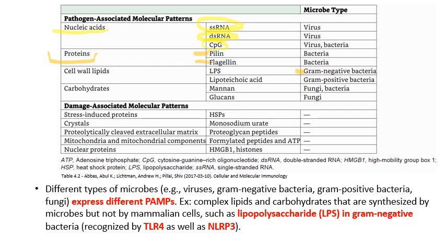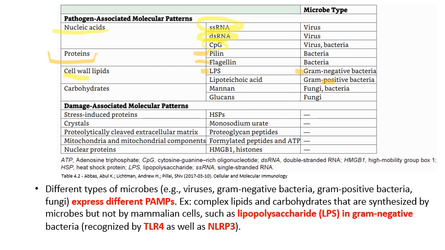So we're going to have to figure out which one is which, and you're going to have to know those. If you look at LPS, that is lipopolysaccharide. You're going to find that in your gram-negative bacteria. Then you look at lipoteichoic acid. That is characteristic of your gram-positive bacteria. So lipids in your cell wall are important for your pattern receptors to recognize, because we don't have those in our cells.